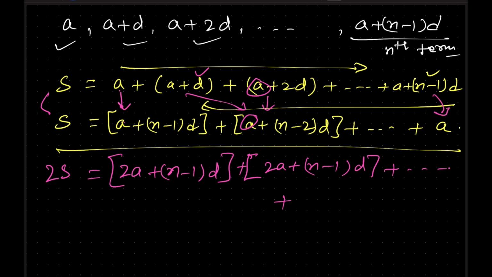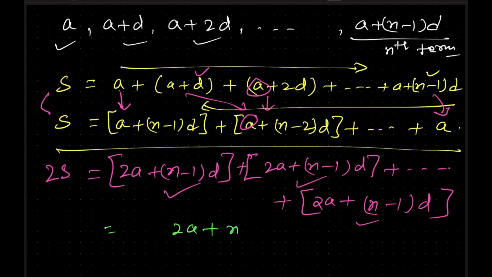If you add this to this, you get 2A plus n minus 1 times D. You can see that these are repeating. So how many times does this number go? 2A plus n minus 1 times D repeats n times, so you will multiply it by n, 2S.